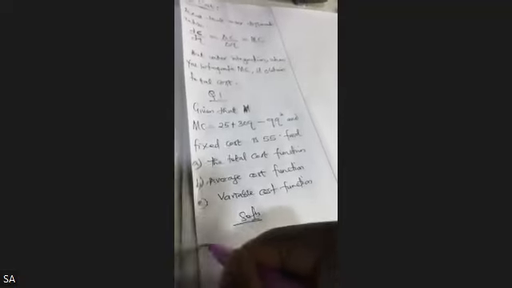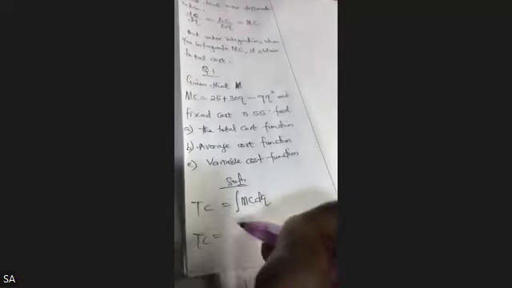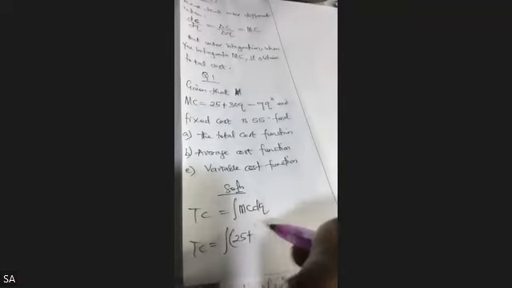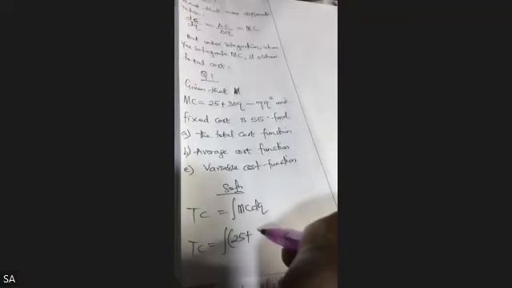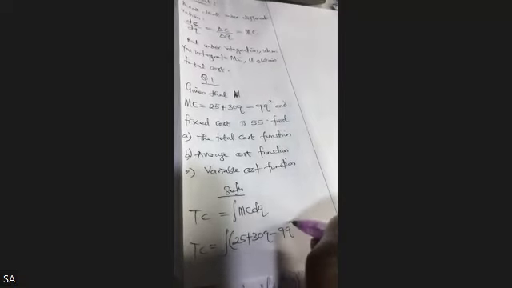Remember, to get total cost, I will integrate marginal cost with respect to Q. Our marginal cost is 25 plus 30Q minus 9Q squared dQ.